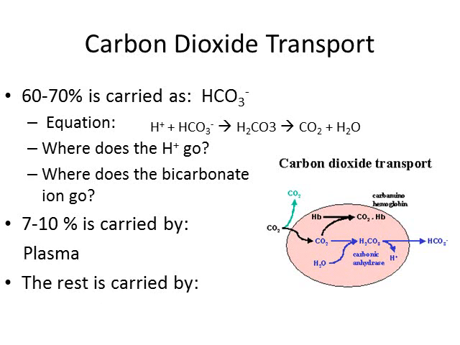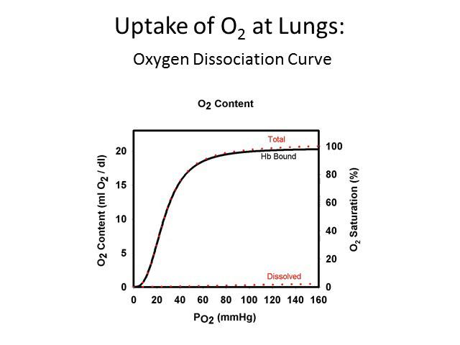We also have a little bit of CO2 carried in the plasma, about 7 to 10% that's just dissolved into the plasma. And then a little bit is carried in hemoglobin as well. It's not its main job to carry CO2, but somewhere around 20% is carried in hemoglobin. And that is how CO2 is transported in the body.